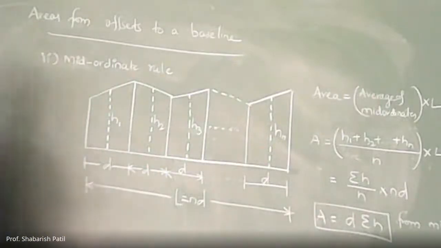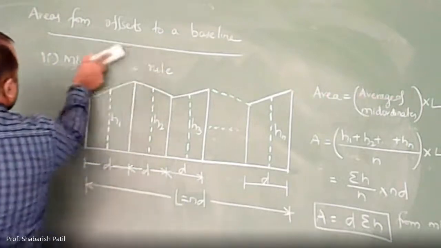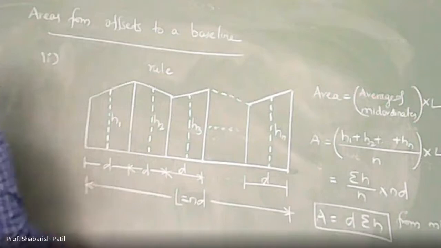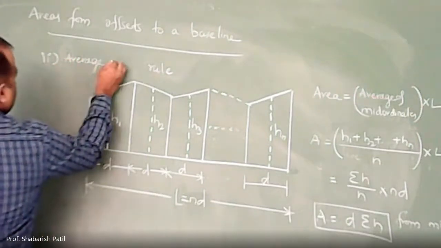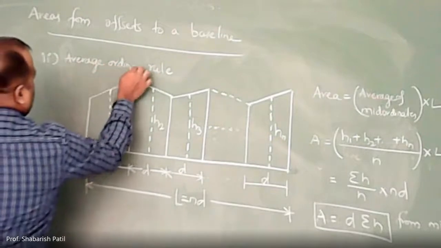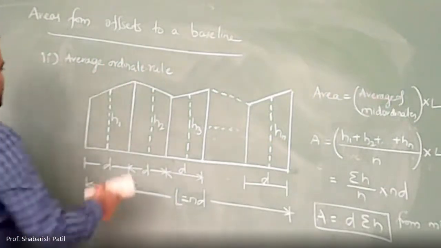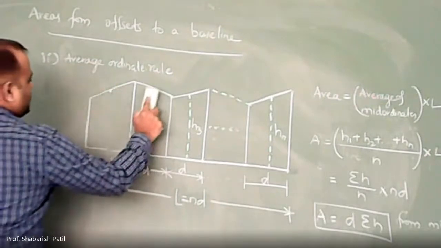If you don't speak, I assume you don't have any difficulties. Okay, and second rule is average ordinate rule. It is not mid-ordinate, it is average ordinate rule. This is something different. Please draw the sketch without showing the mid-ordinates.